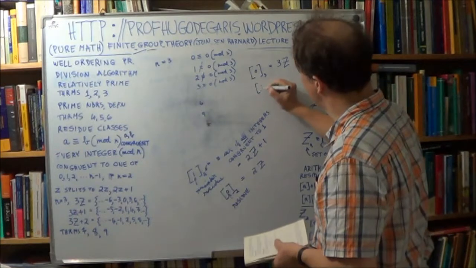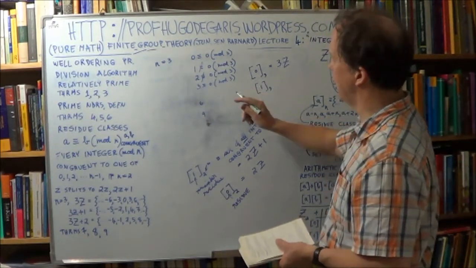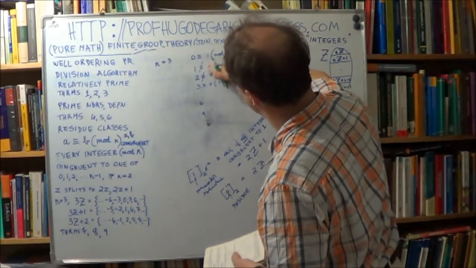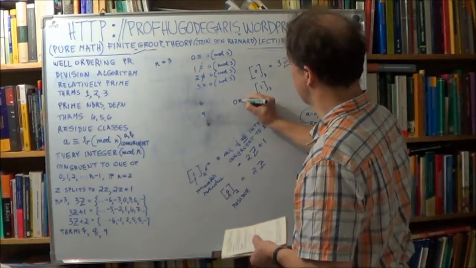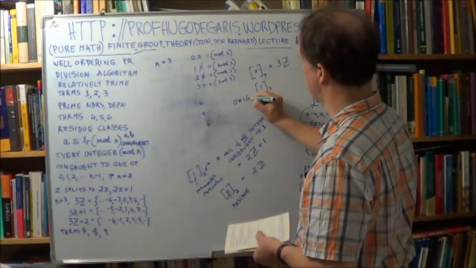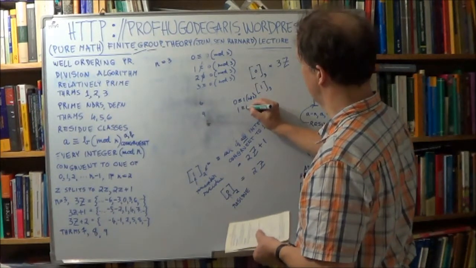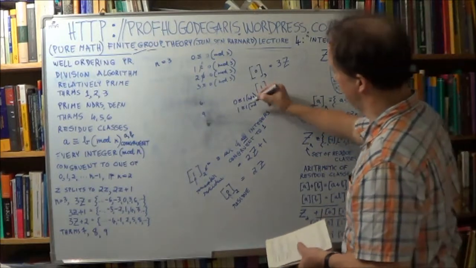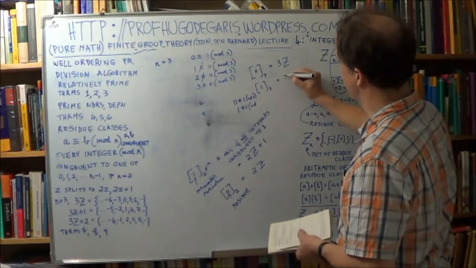Okay, now similar, racing ahead a little bit. If we now put 1s here, so 0 is not congruent to 1 mod 3. 1 is congruent to 1 mod 3. So now if we keep going down similar to this, you'll get something like this.